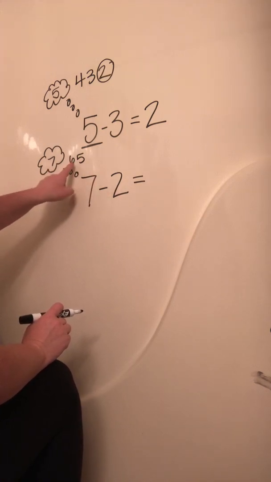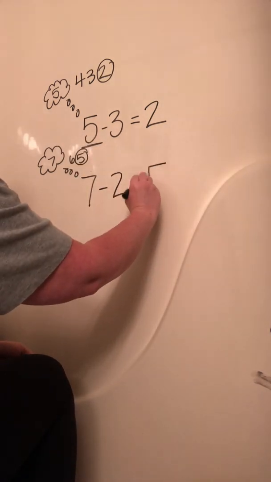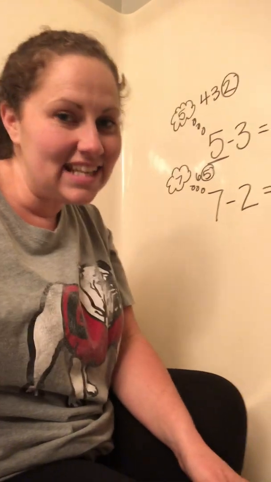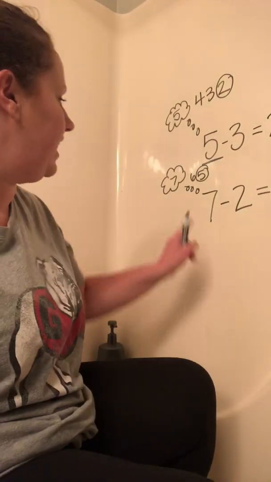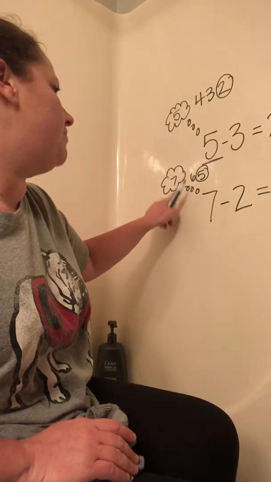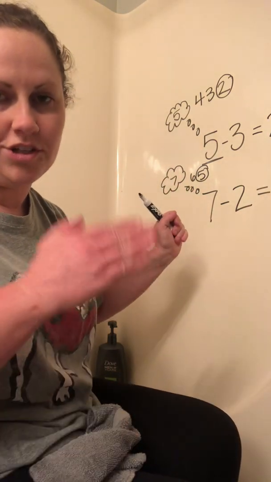So 7, 6, 5, and that is my answer. 7 minus 2 equals 5. So it is a little tricky because you can't count that first number as one of your numbers you count backwards. You have to start with the next one, and that is your first one where you start counting backwards.